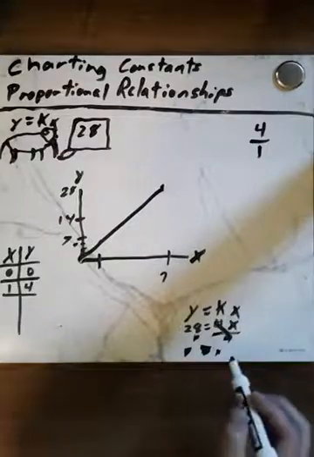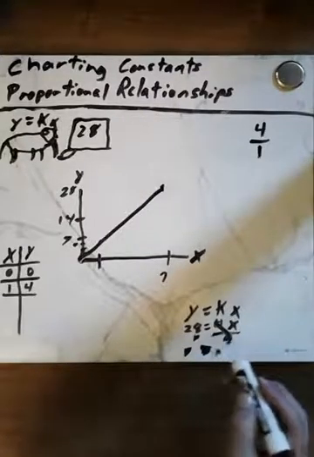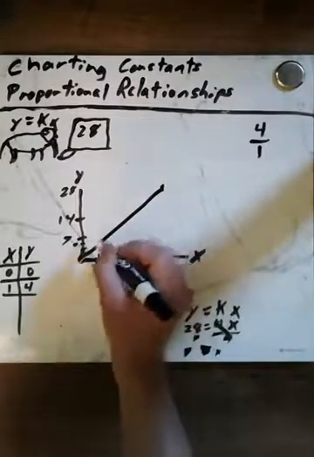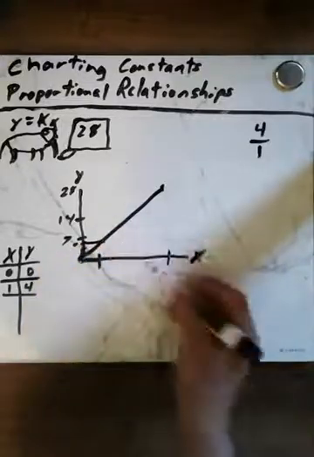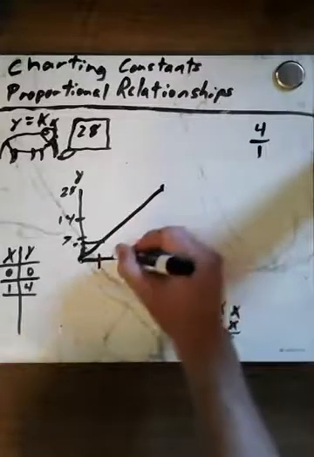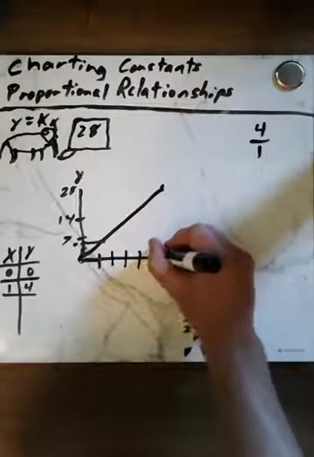But we don't necessarily have to solve it algebraically, because we can also continue to chart. So we're at 4 here, up 4 over 1, and then, let's see, 1, 2, 3, 4, 5, 6.